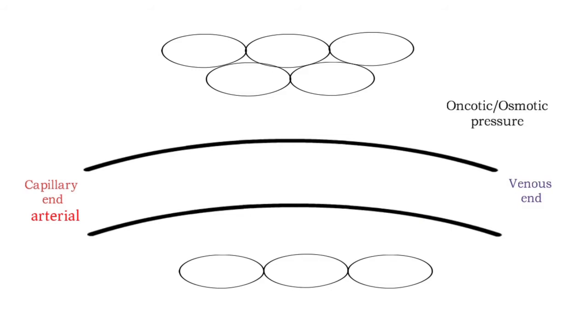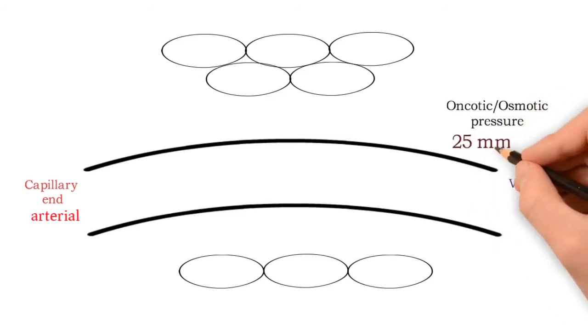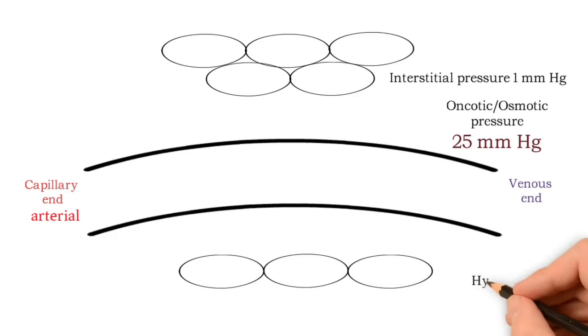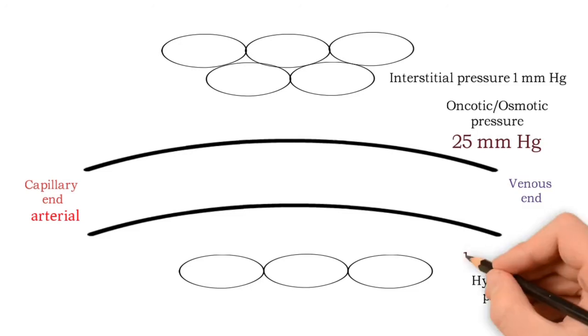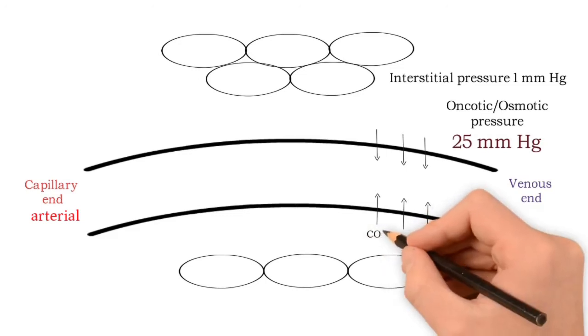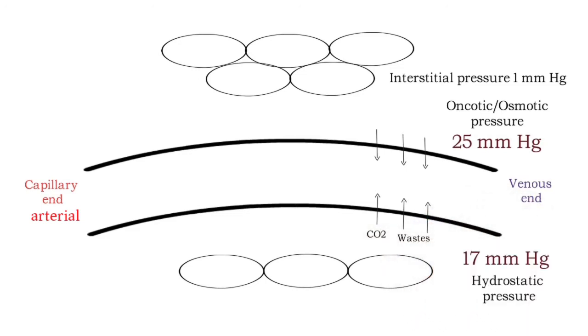Now at the venous end, osmotic or oncotic pressure is 25 mm of mercury, interstitial pressure is 1 mm of mercury, but as the fluid goes out to the tissue, hydrostatic pressure drops to 17 mm of mercury. So the net force of 9 mm of mercury attracts the water back, and with that carbon dioxide and waste products go back into the circulation.